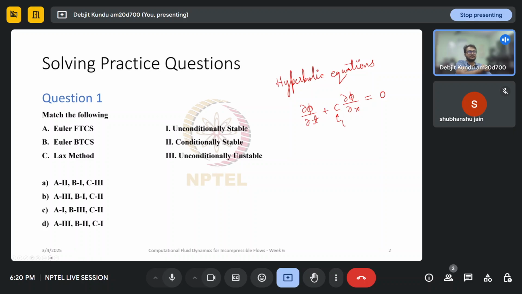One is unconditionally stable, conditionally stable, or unconditionally unstable. Try to match each method with its condition of stability. When you find the correct combination, you can pick from the options given here. Option A is A2B1C3, option B is A3B1C2, option C is A1B3C2, and option D is A3B2C1.